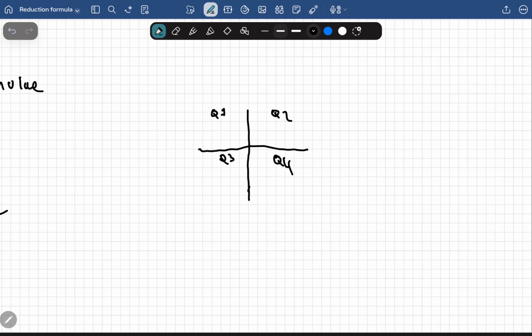All of these quadrants, this is how it would look. 0 degrees, 180 degrees. I don't know why I have basically no space to write this, but it is whatever.